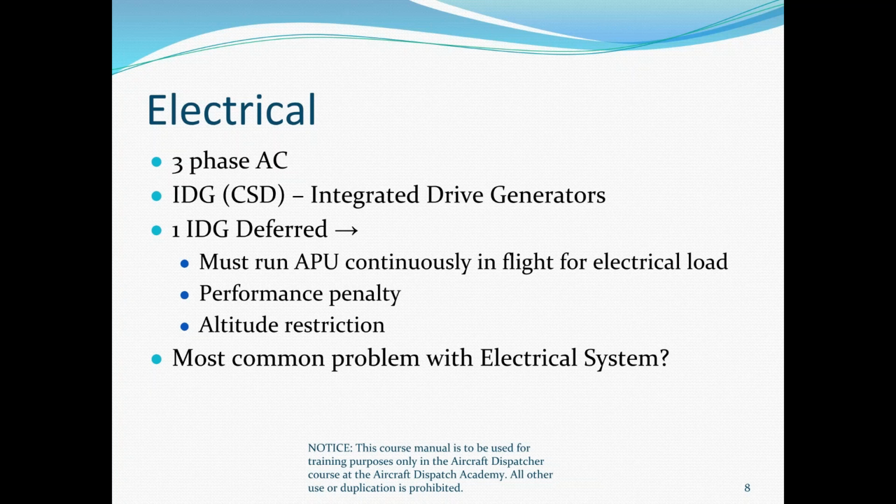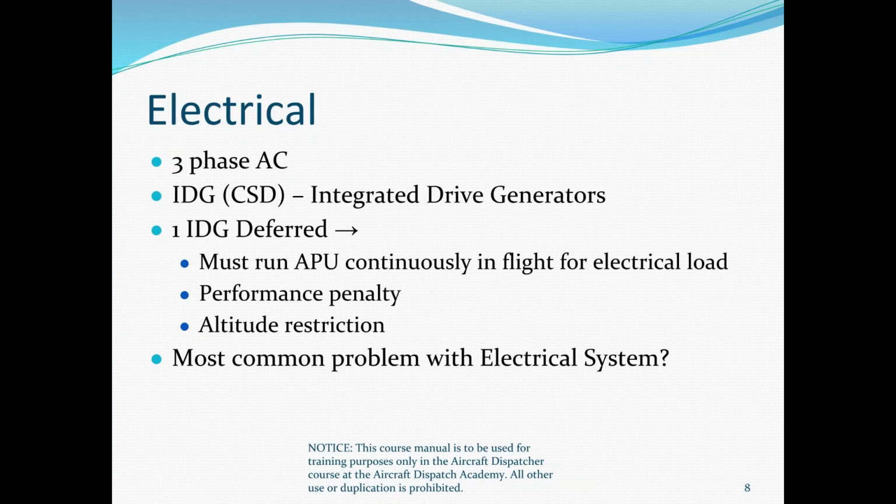If one of our IDGs gets deferred, we have to keep the APU running continuously in flight. That means we have to take a performance penalty, first of all. Second of all, that's also going to increase how much fuel we have to put on board, right?